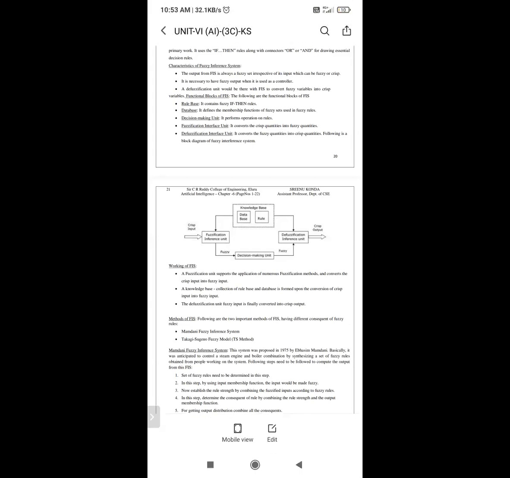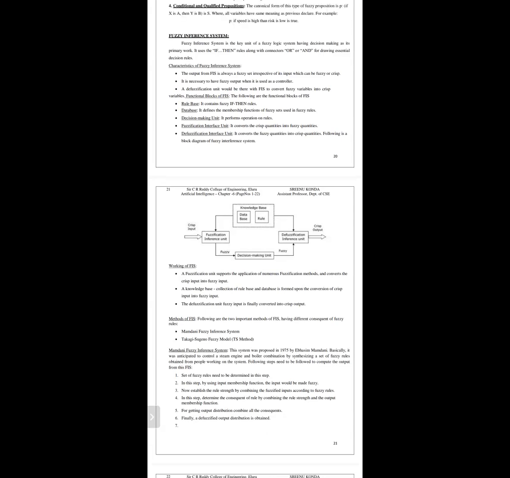Next, coming to the working of the fuzzy inference system. It uses if-then logic or if-then rules along with the connectors OR and AND.